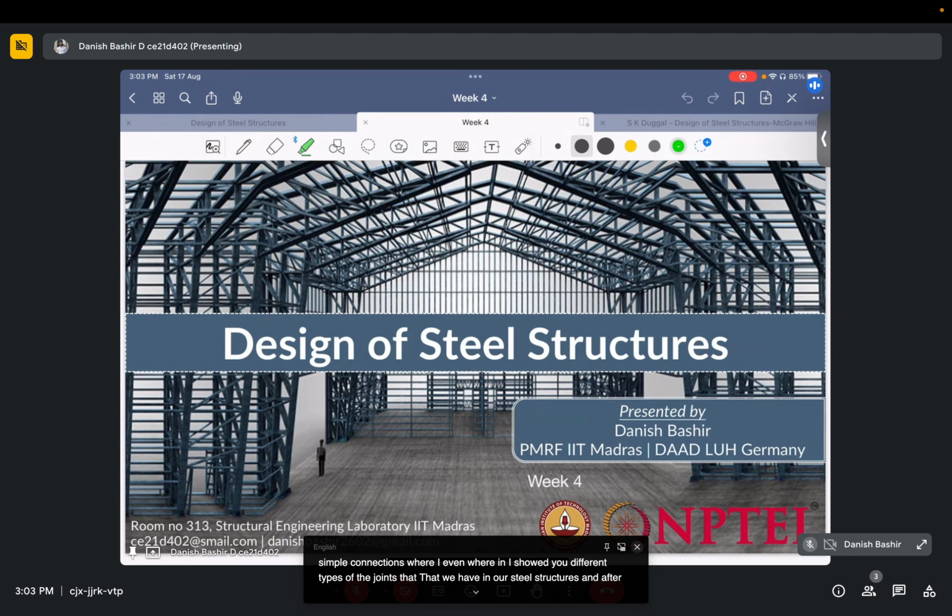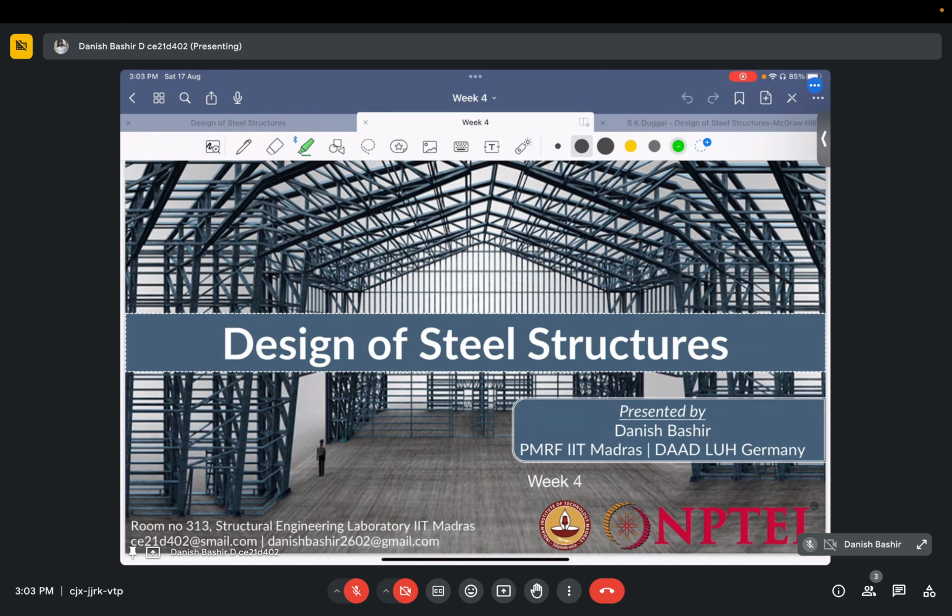Then we went to the topic of fasteners, where last week we studied riveted connections and saw a design problem on the design of a riveted joint. I guess it was a butt joint in the last class.